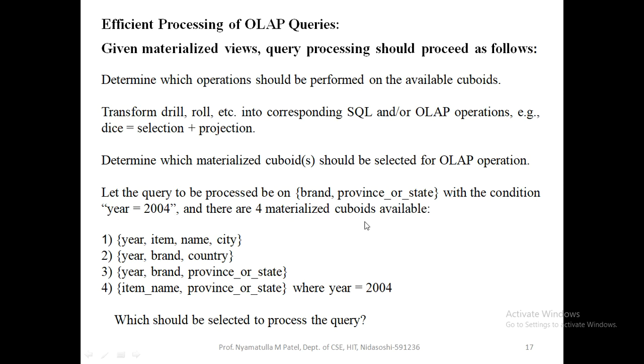What is my query? In the year 2004, which brand is sold in a particular state? The 4 materialized cuboids are: year, item name and city, which is already calculated; second, year, brand and country; year, brand, province or state; and item name, province or state. Which cuboid do I have to use? I have to use the cuboid which gives me the fast response and costs me less.